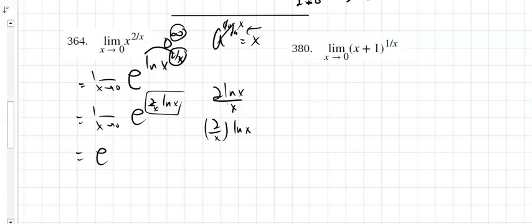If I look at it this way, as x approaches 0, that's infinity over 0, that's a problem. If I'm looking at it this way, 2 over 0 is infinity. Natural log of x is negative infinity. So if I multiply those out, I get negative infinity. And as the exponential goes to negative infinity, I'll get a 0.